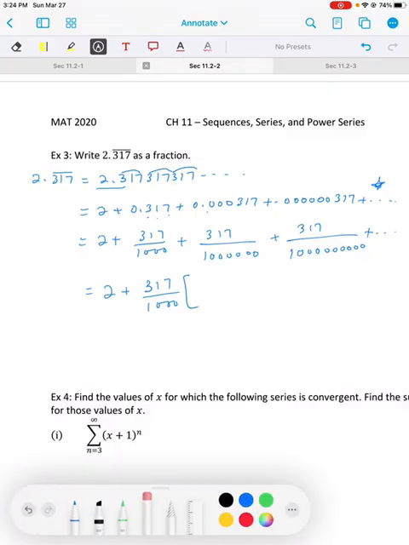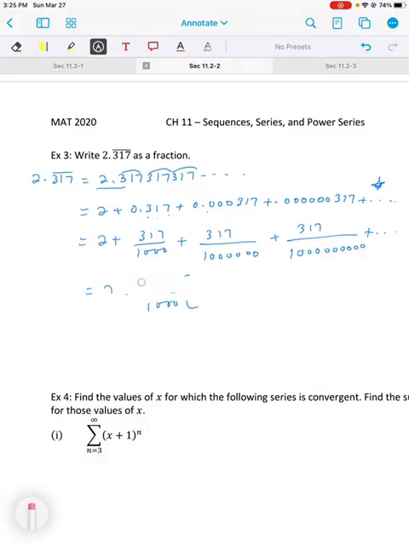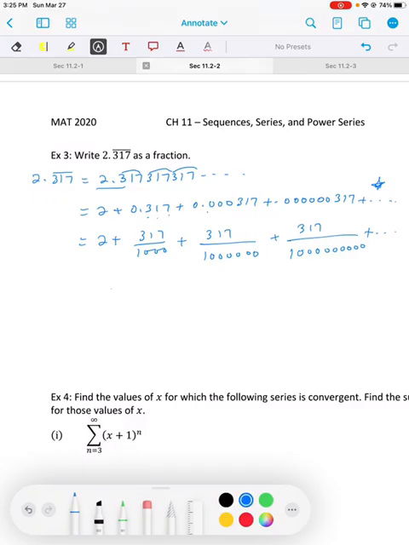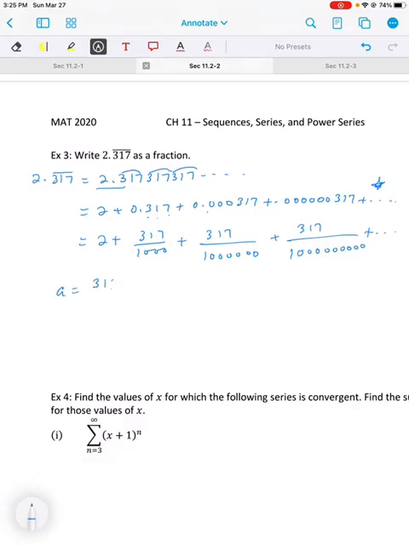So you should be able to see that A is 317 over 1000 and R is 1 over 1000.